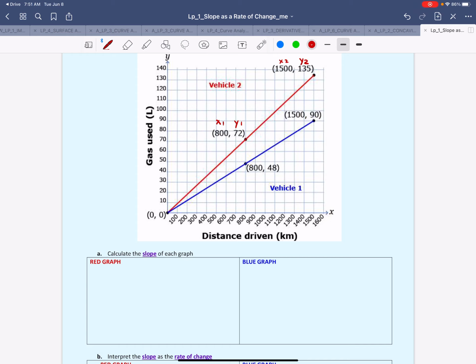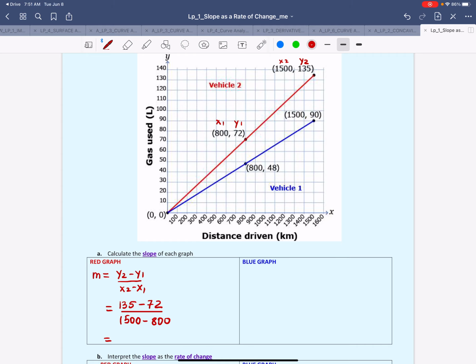And we'll say that slope equals y2 minus y1 over x2 minus x1. y2 is 135 minus y1, which is 72, divided by x2 is 1500, oops, should have changed this, minus 800.